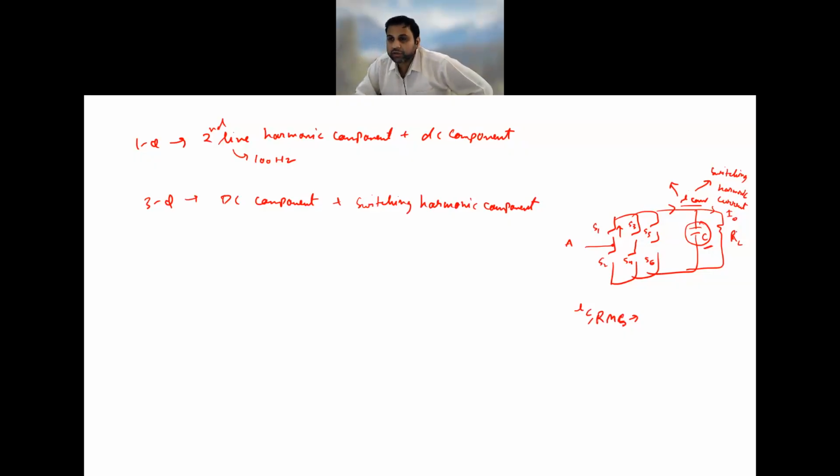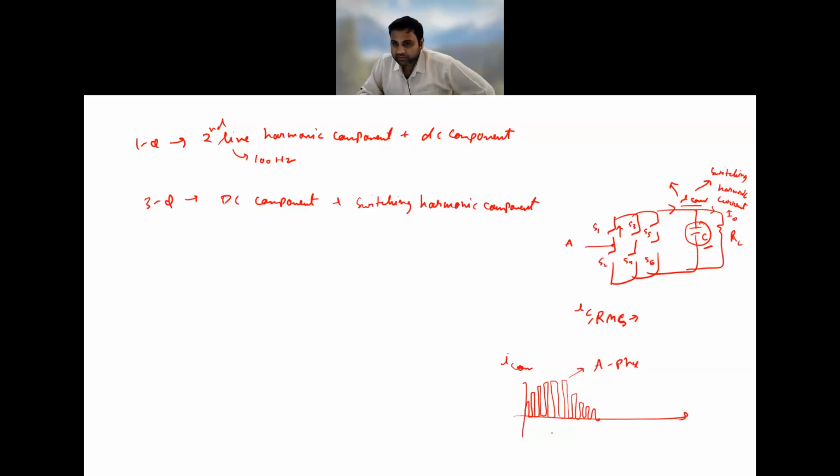out before it goes into the RL. If you see the converter current, it will look something like this. For some portion it is on, for some portion it goes to 0, and so on. This is just from the A phase.